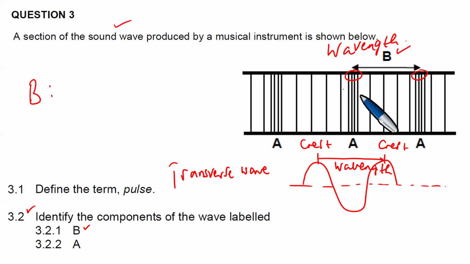Same uniform spacing. So B is going to be called the wavelength.